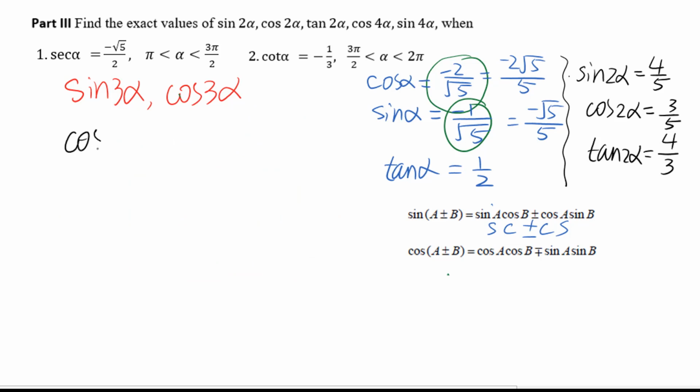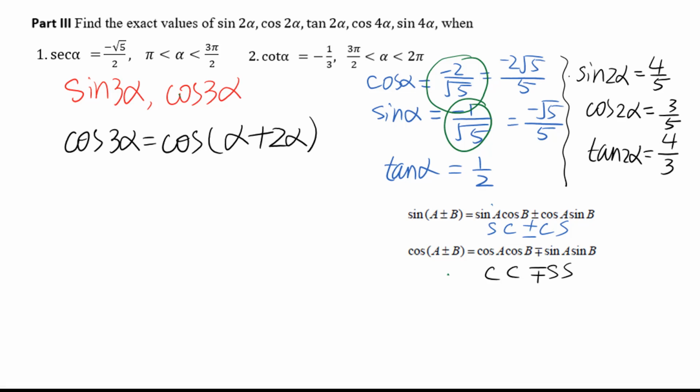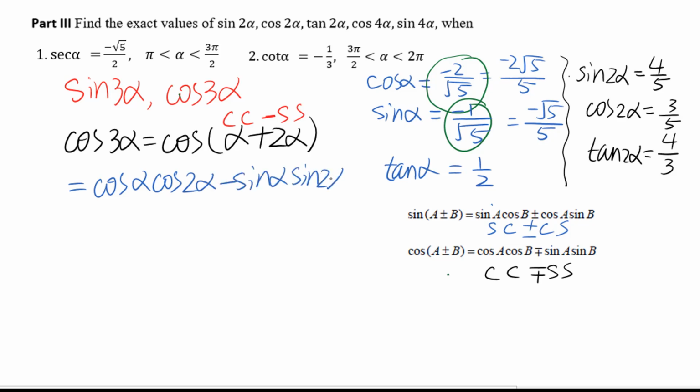Let's go to cosine 3 alpha. We write down cosine of alpha plus 2 alpha. Using this formula, that is CCSS, the sign will be different. Therefore, we will write down CCSS. This is a minus here. So that you will get cosine alpha cosine 2 alpha minus sine alpha sine 2 alpha.